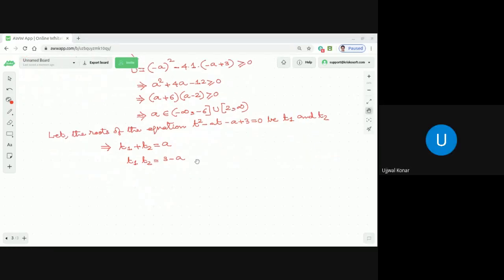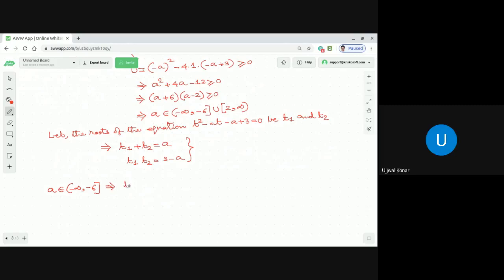Now, let us focus on the solution, what we get. So, there are two sets. This is what we conclude now. When a belongs to minus infinity to minus 6, what can we say?